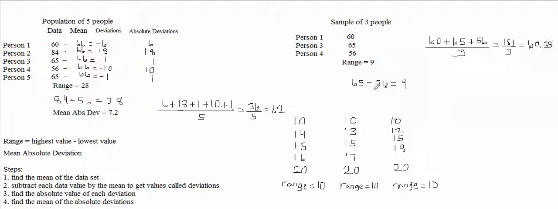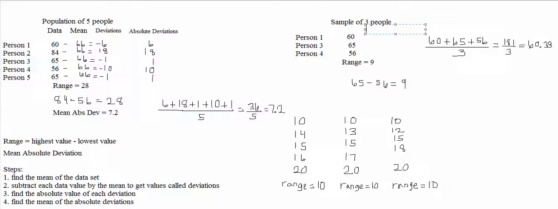So we finished step 1 and found the mean of the data set. Step 2 is subtracting each data value by the mean. In order to make this easier so that we don't have to deal with decimals, let's round this mean from 60.33 down to 60.